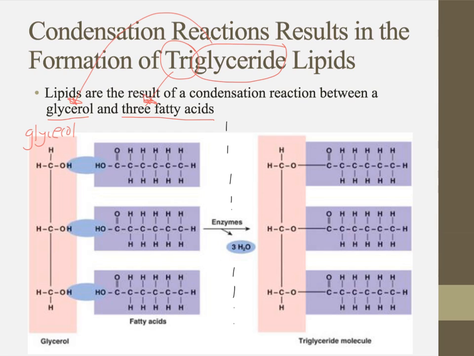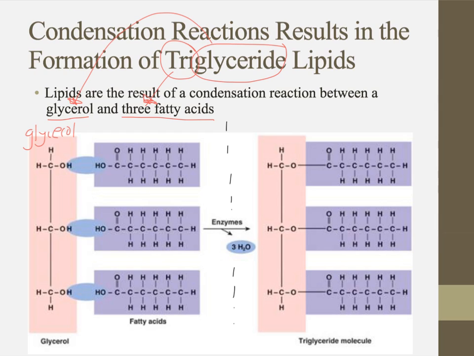So when they join, when they bond, they're going to be sharing this oxygen. So now in the after picture, the carbon from the glycerol and the carbon from the carboxyl group of our fatty acid are sharing this oxygen, okay? And that, of course, removes 1, 2, 3 molecules of water.